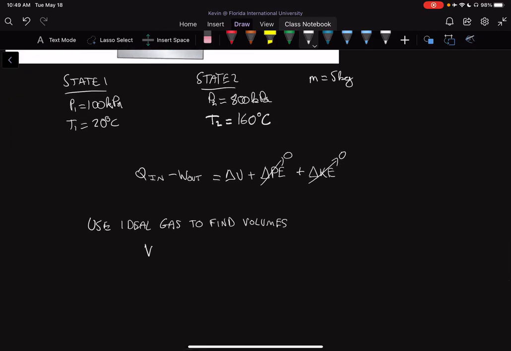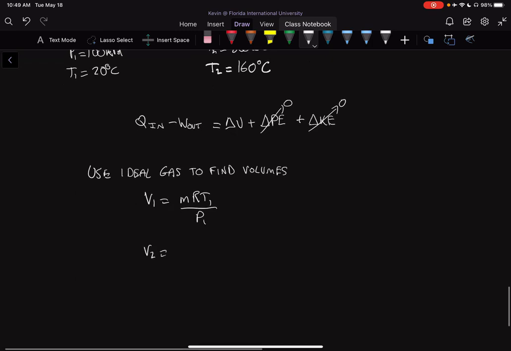So V1 is equal to mass times R times T1 over pressure 1, and volume 2 is equal to M R T2 over P2. We have temperatures 1 and 2, we have mass, we have R, therefore we can find volume 1 and volume 2 very easily. I'm not going to go through all the calculations in this example because you should know how to do it now, and it's very similar to the previous example.